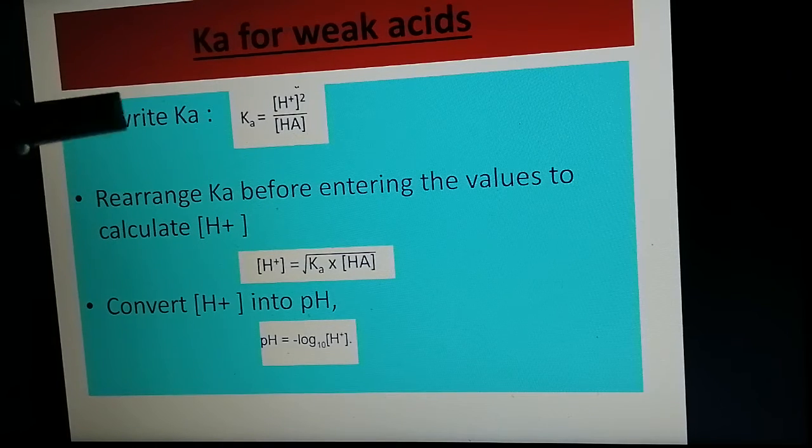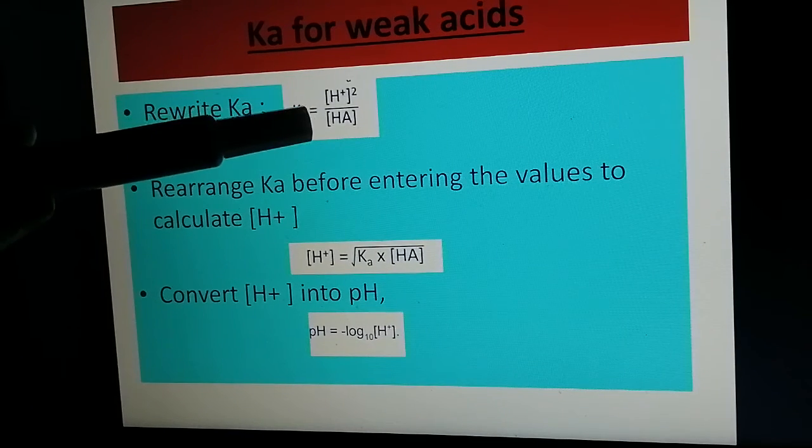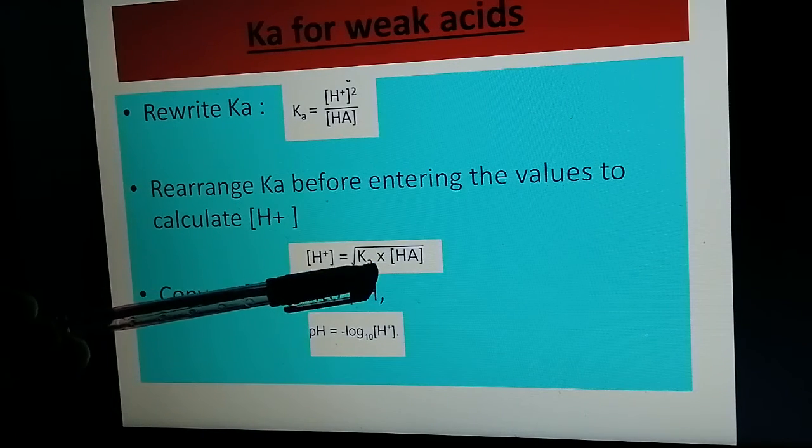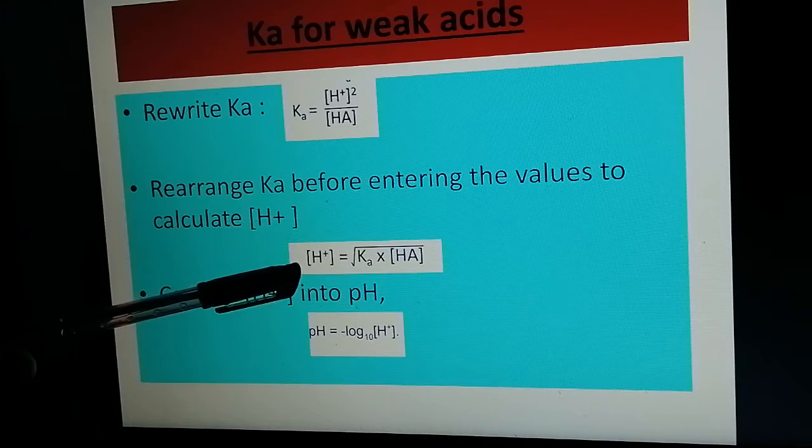Using this, we can calculate Ka. They can give you the H plus ions and HA concentration and ask you to find Ka, or give you Ka and HA and ask you to find H plus.